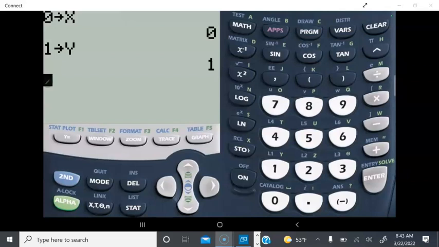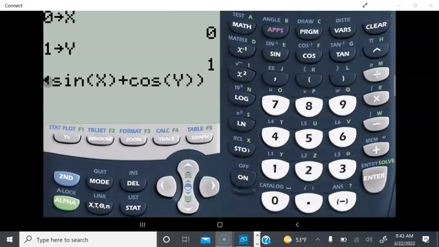Our next value of y is the current value of y plus h, which is 0.2, times sine of x plus cosine of y.